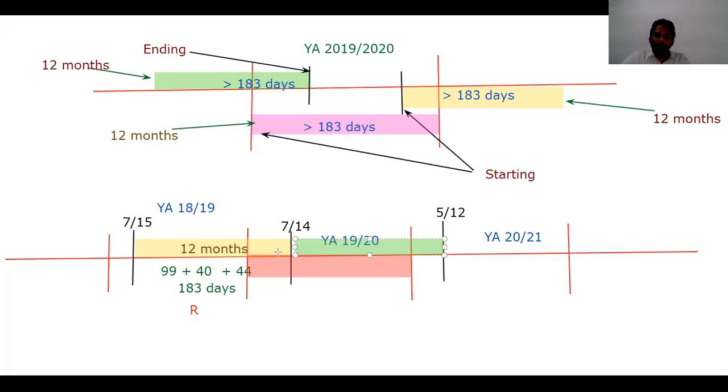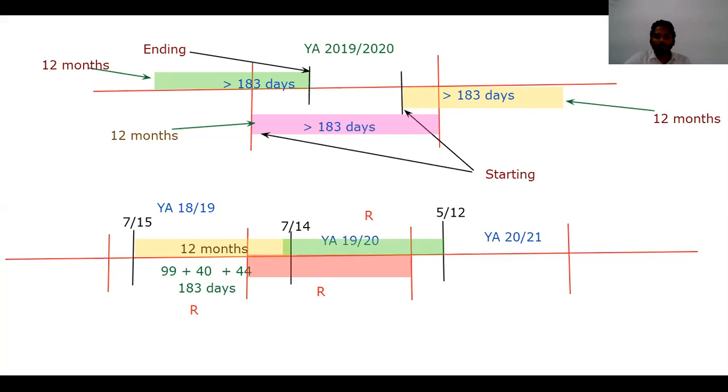In this 12-month period, he just needs to check. It may be here or somewhere here, right? Whether he is exceeding 180 days in the 12-month period. Then again, as per the given dates, you can calculate that he exceeds the 180 days. Then we can conclude that this year also he is a resident.